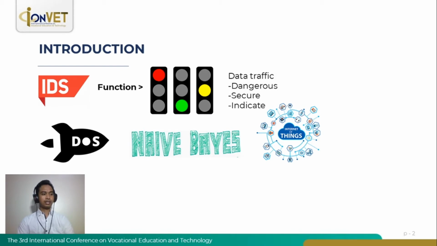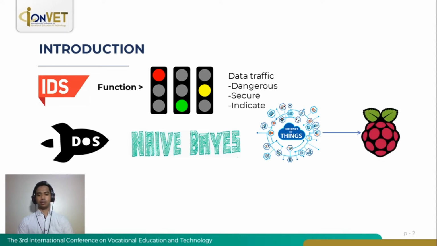The connection network in IoT can connect various objects that have identities and IP addresses, so they can communicate with each other and exchange data information. In this research, I will use Raspberry Pi for the IDS and to get the detection for DOS attack.